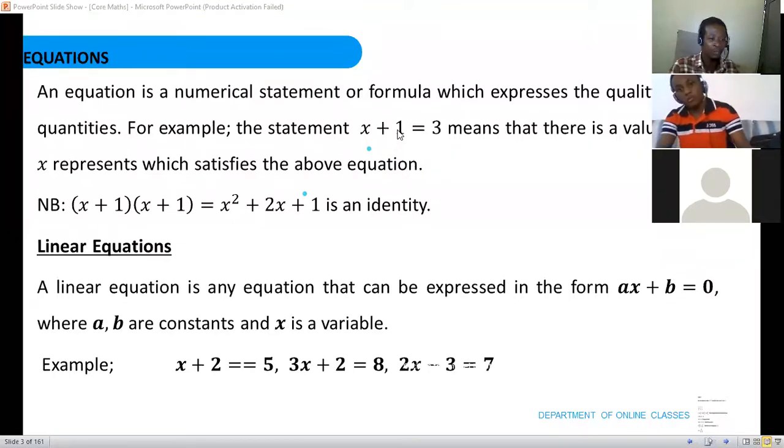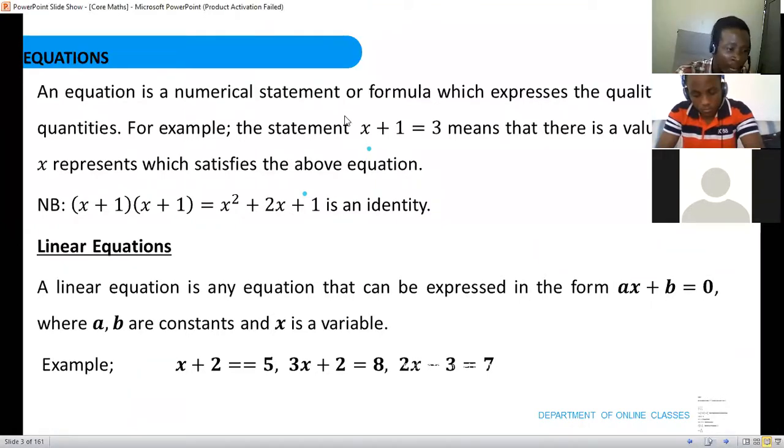Whenever two things are joined with plus or minus sign, we have what we call binomial. But if it is just a term, then that term alone becomes a monomial. 2x is monomial, 3x is monomial, x divided by 2 is monomial. It's one term because it is not joined by plus or minus sign.